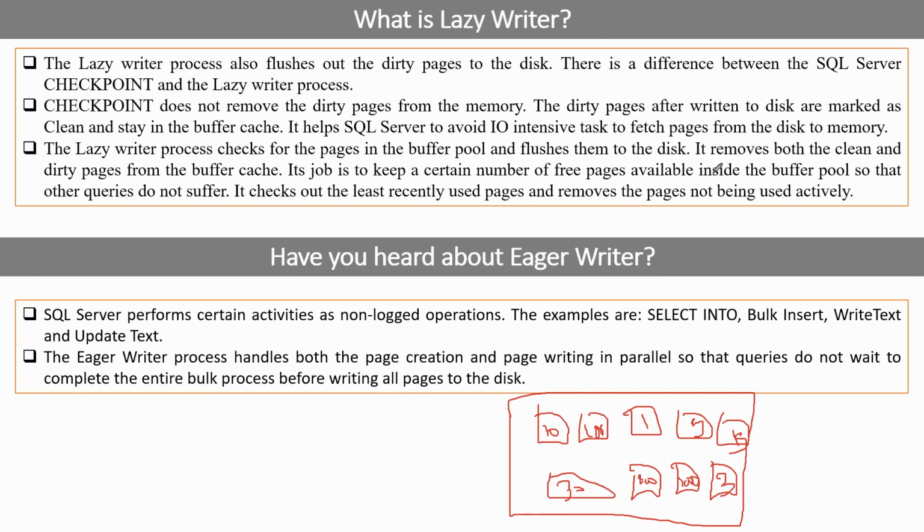When it is flushing, assume, sir, you have allocated 2 GB of RAM. If almost 1.8 GB of RAM is consumed, then it will start, sir. See, 80%, for our understanding, whenever it reaches 80%, your lazy writer keeps on working.